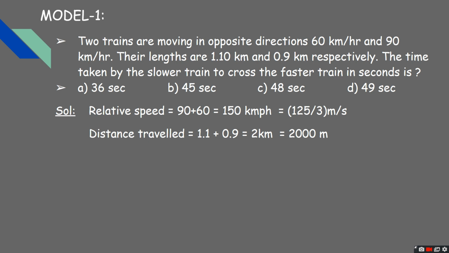Converting kilometers into meters, we get 2000 meters. We know that speed equals distance by time. From that, time equals distance by speed. Substitute distance and speed values, that equals 2000 by 125 by 3, which gives 48 seconds.